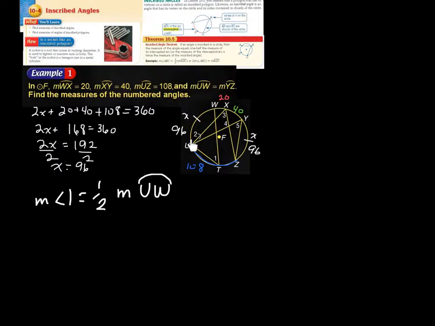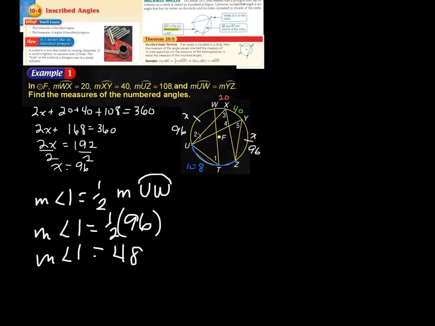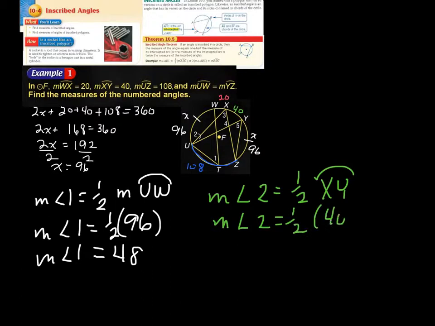Angle 1 is inscribed in arc UW, which we just found was 96. So we need 1/2 of 96. So the measure of angle 1 would be 48. Angle 2 is inscribed in arc XY, so we need 1/2 of 40, which is 20.